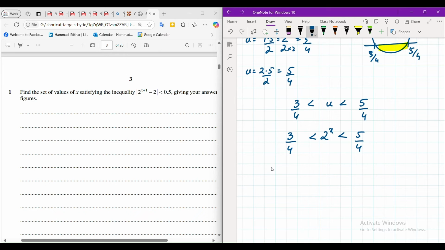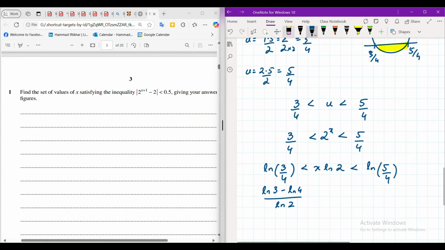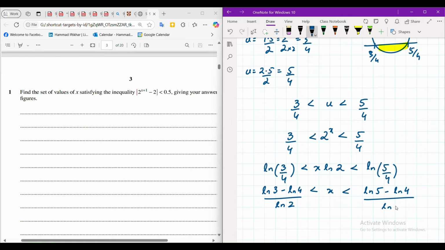So let's say if we take ln: ln 3 over 4, x ln 2, ln 5 over 4, divided by ln 2 on all sides. So ln 3 minus ln 4 over ln 2, x, and ln 5 minus ln 4 divided by ln 2.